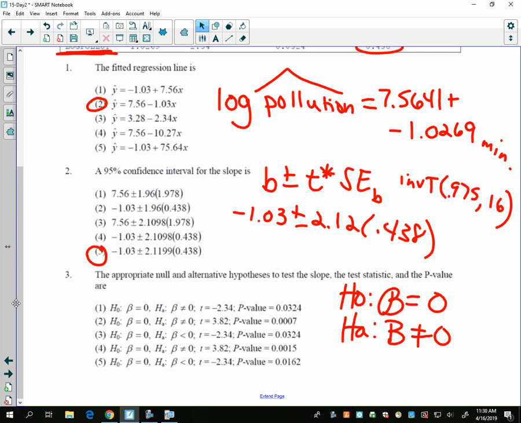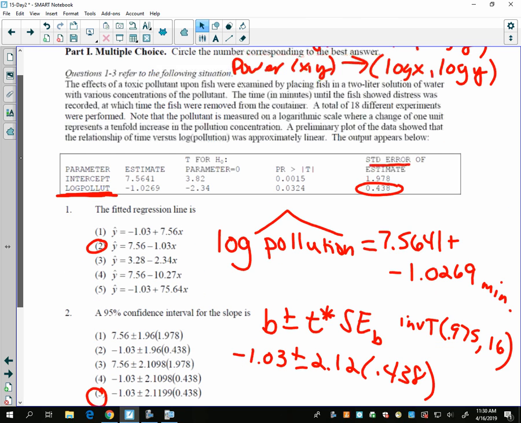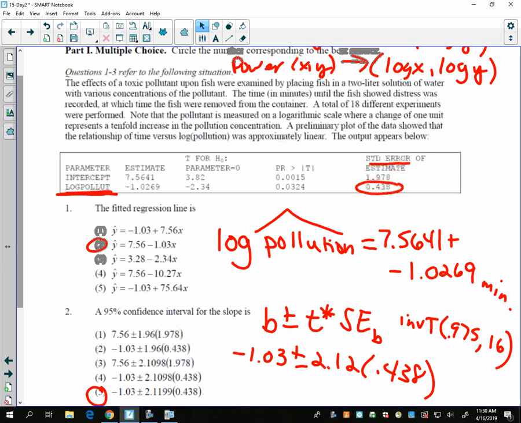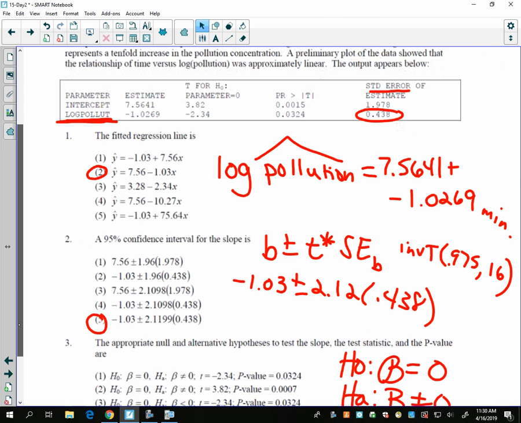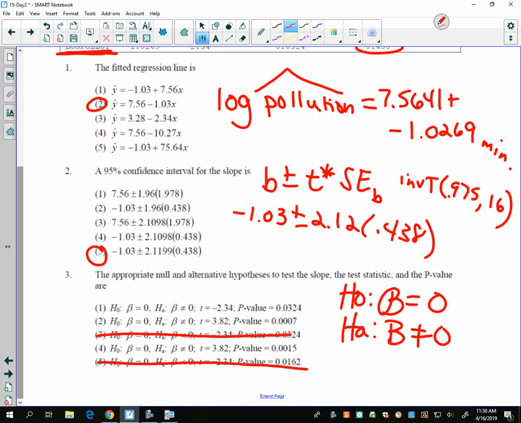It doesn't, right? It doesn't give us a direction on the alternative? No. Okay, yeah. So if it doesn't give you a direction, it's just going to be the two-sided. All right. So that means this is out. This is out. So now we're down to these three.